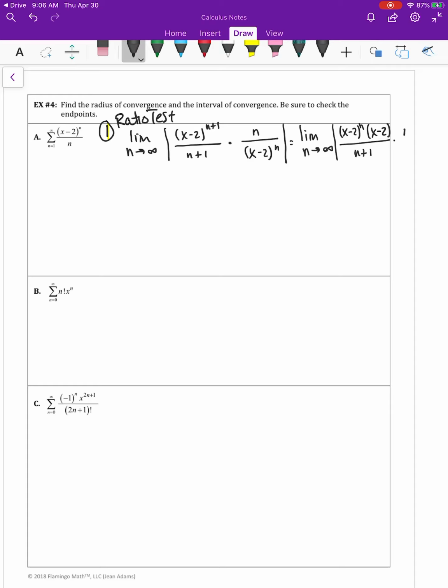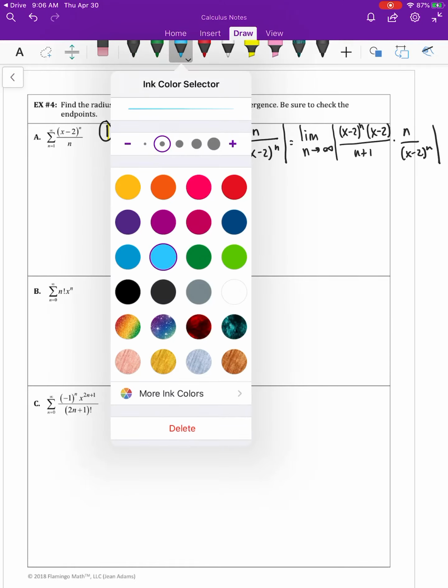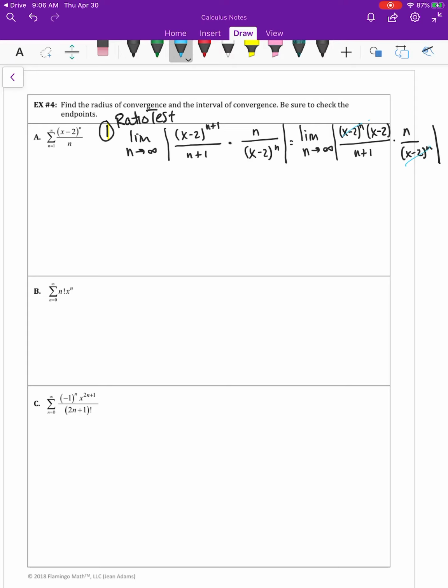I know that this is going to be (x minus 2) to the n times (x minus 2), and I know that these two will cancel.